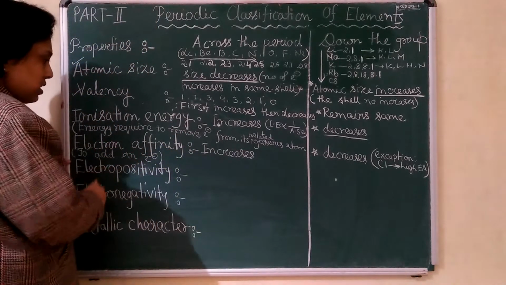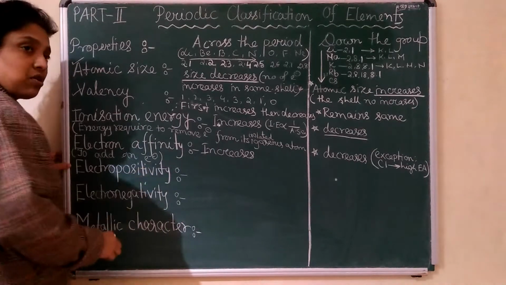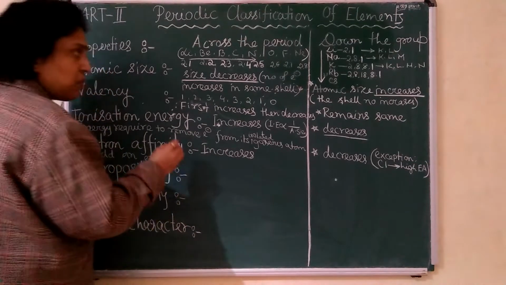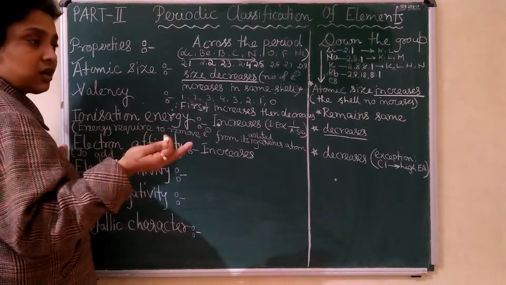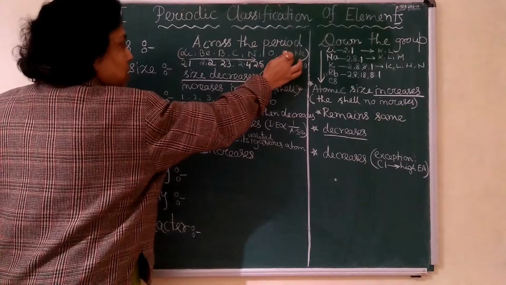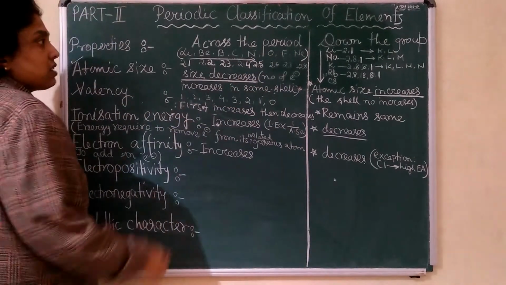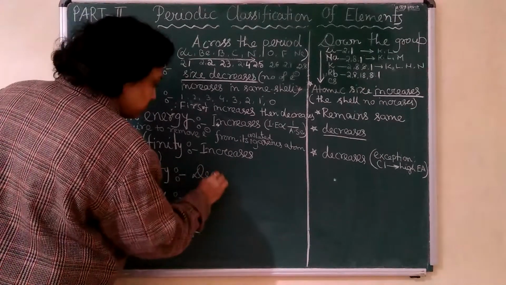Okay, next one is electropositivity. Positivity means positive character. When the electron is loosely bound, it will be easily removed, so it is more electropositive. And here, going from lithium to fluorine, you know fluorine is the most electronegative in nature, so electropositivity decreases.